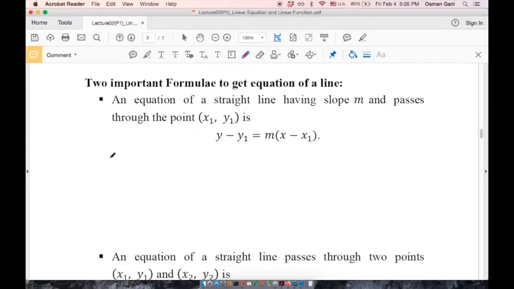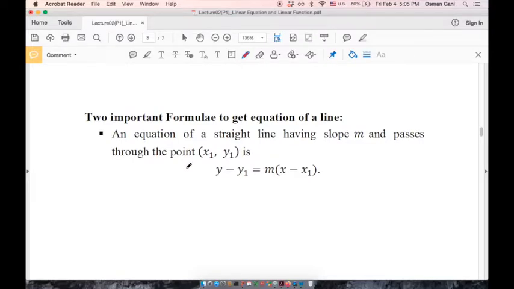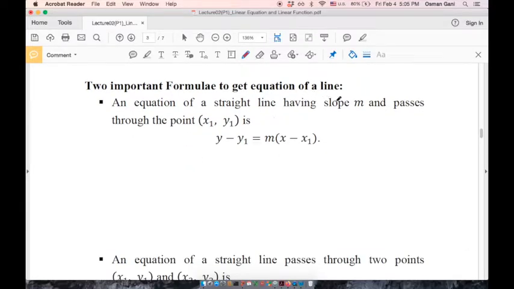And there are two other important formulas to get an equation of a line. If you are given the slope and a point on the line, then by using this formula, you can calculate the equation of the line. Let's say an equation having slope 2 and passing through 5, 7.